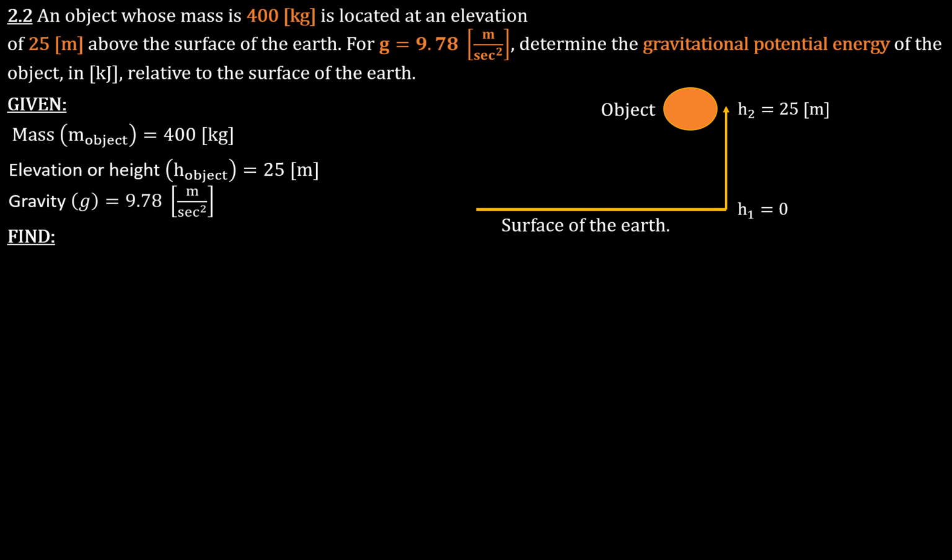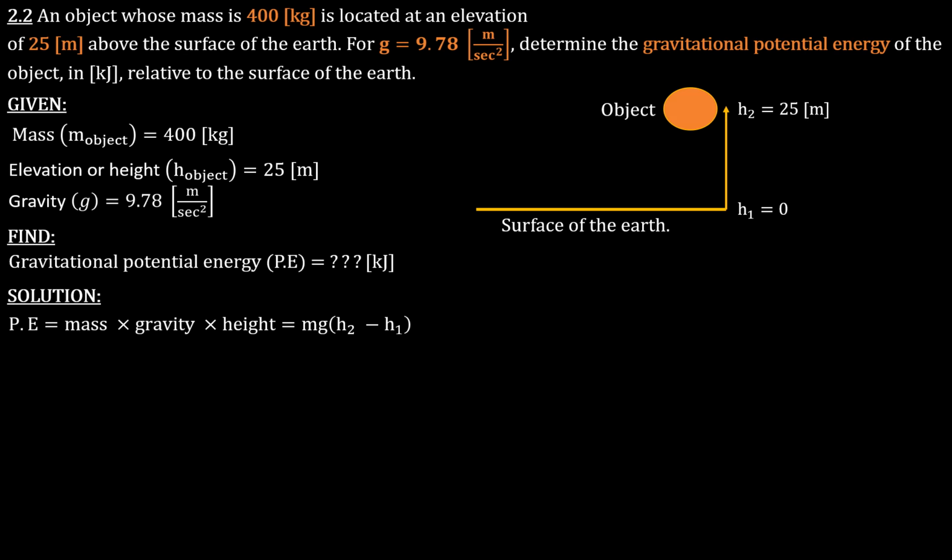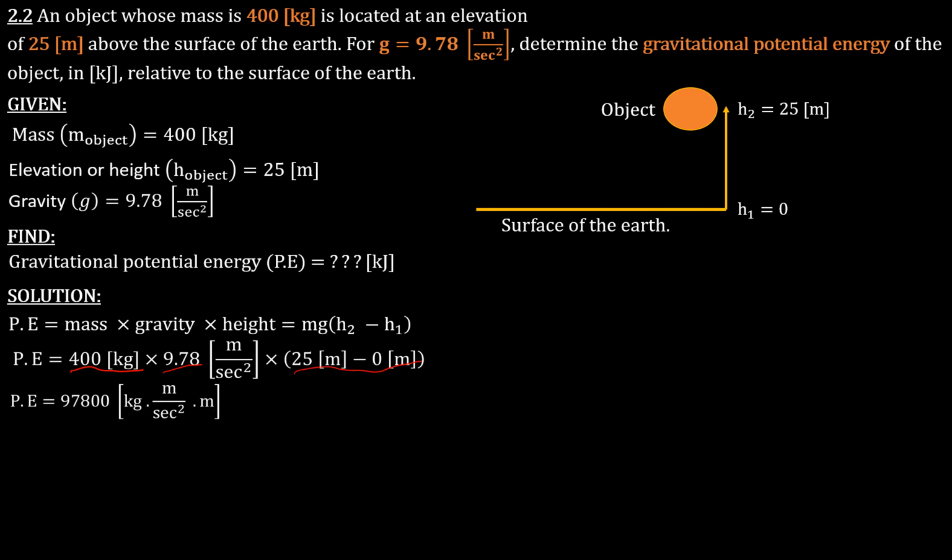So here we are asked to find the gravitational potential energy of this object. The potential energy is mass times gravity times height. The mass is given to us as 400 kilograms, the gravity as 9.78 meters per second squared, and the change in height as 25 meters. Plugging these values into our calculator gives us 97,800.